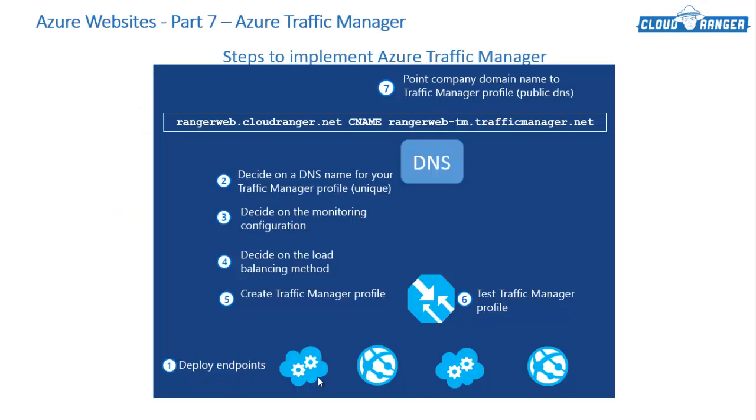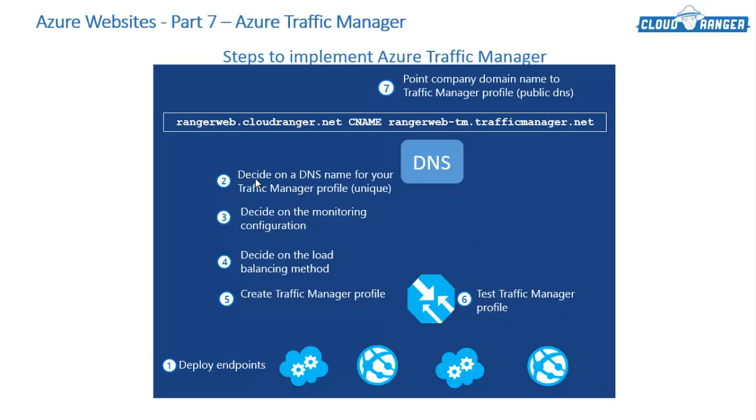The endpoints that you deploy, like I mentioned, could be cloud services or websites on Azure, and this other website could probably be located somewhere on-premise on an IIS server, but you can use Traffic Manager to load balance this stuff. So you want to make sure that these endpoints or resources are created first. If you are going to load balance Azure websites, make sure the websites are created first. That's where I'm trying to get to.